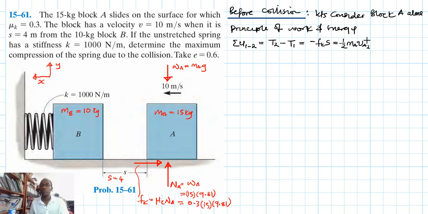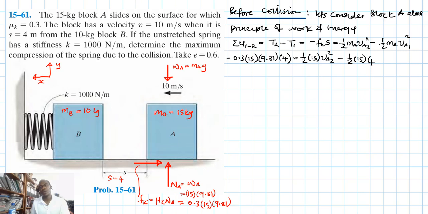minus half MA VA1 squared. We do have values, so this just becomes minus 0.3 times 15 times 9.81 times 4 equal to half 15 VA2 squared minus half 15 times 10 squared.